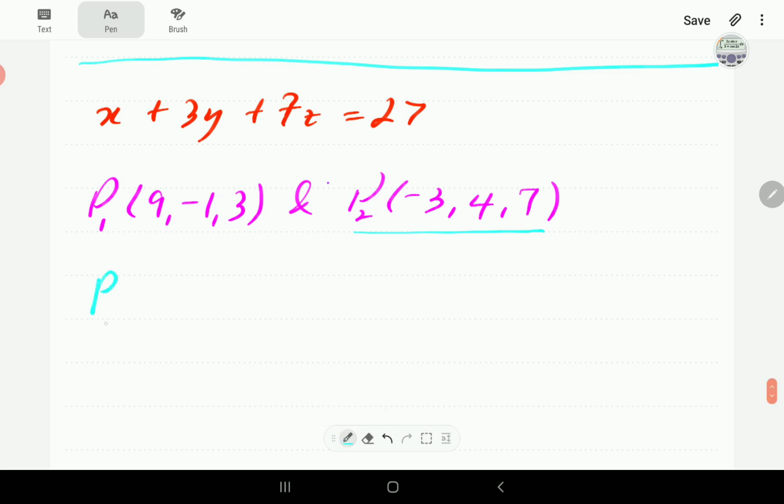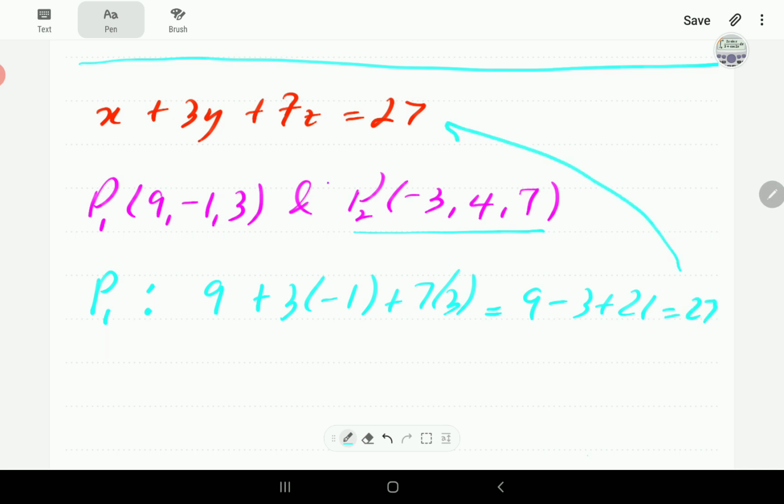So for P1, I'm going to substitute 9 plus 3 times negative 1 plus 7 times 3. That's the left hand side. So it's 9 minus 3 plus 21. 9 plus 21 is 30, minus 3 is 27, which is the right hand side.